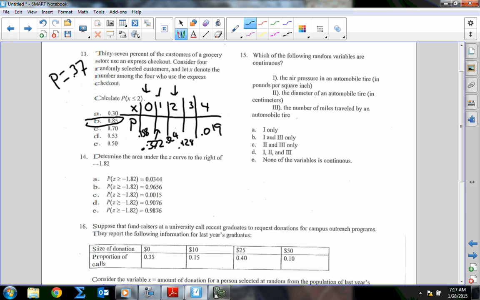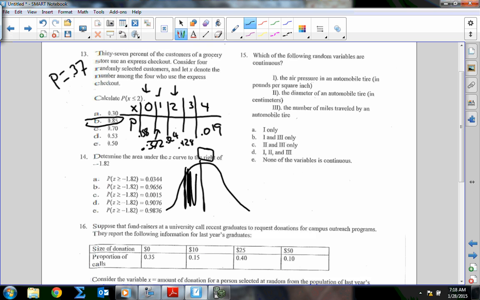All right, number 14, determine the area under the z-curve to the right of negative 1.82. I really strongly encourage all of you to draw yourself pictures to make sure your answers are making sense. So I know z-score 0 is right in the middle, so negative 1.82 is going to be over here somewhere, and I want the area to the right of that.